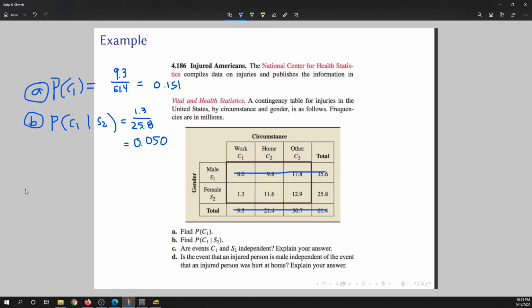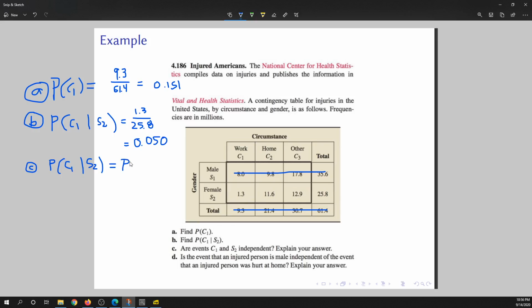In part C, they ask us, are the events C1 and S2 independent? If they're independent, that would mean that the probability of C1 given S2 should equal the probability of C1.